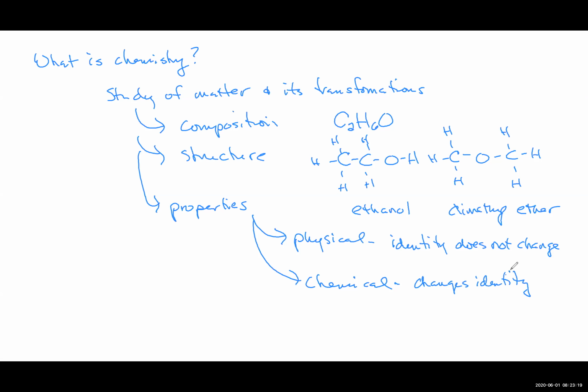So for example, if you mix baking soda and vinegar together and you see bubbles, those bubbles that come out are carbon dioxide gas, and carbon dioxide gas is not present in baking soda or vinegar, and so you created a new substance, you changed the identity. That would be a chemical process. So we'll come back as we go through the chapters and talk a little bit more about those.